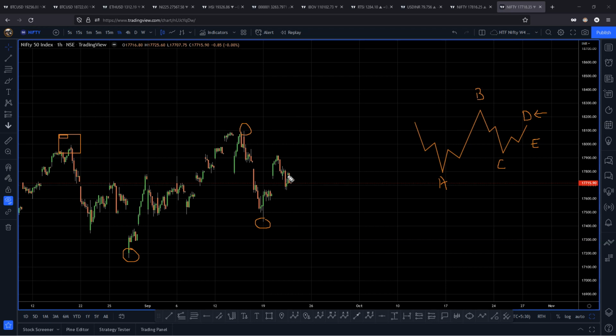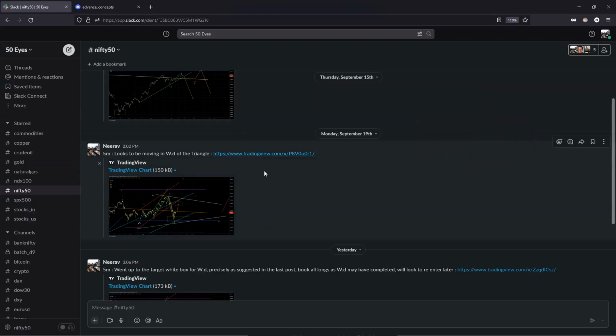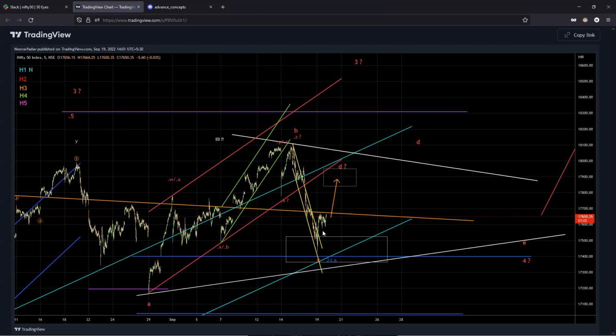When we look at the D wave, first let me quickly show you the chart which we discussed on 19th September in the webinar. At that point in time, the view was that it will move up for wave D. Price was around 17,650, and this white box was the resistance zone where we were expecting the price to go at least, and then either consolidate there or go a little bit higher.